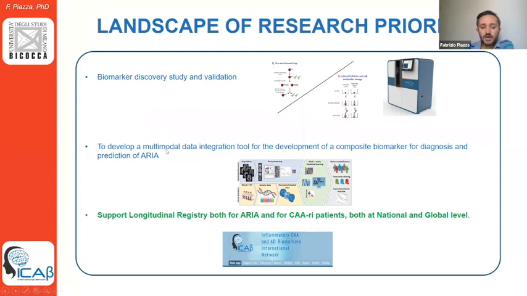And also to try to develop a multimodal data integration tool with the hope to predict the incidence of ARIA by combining amyloid PET images, MRI images, and fluid biomarkers, not only in CSF, but hopefully also in the blood.